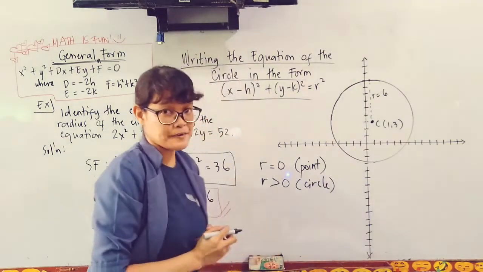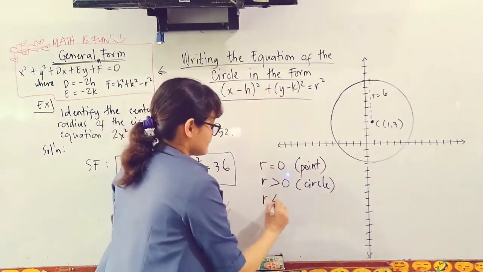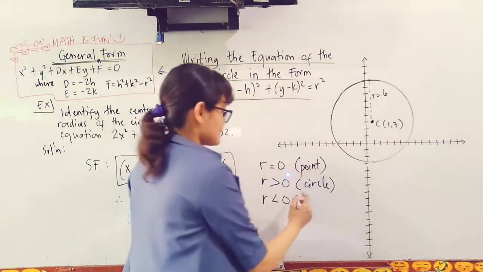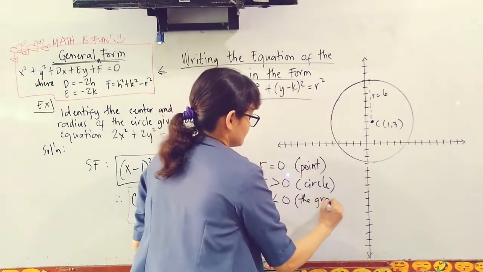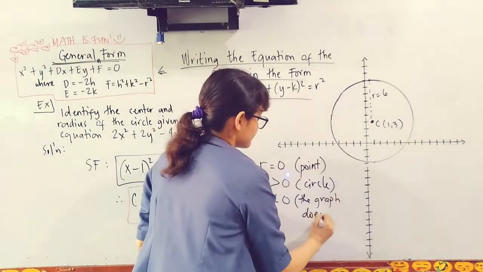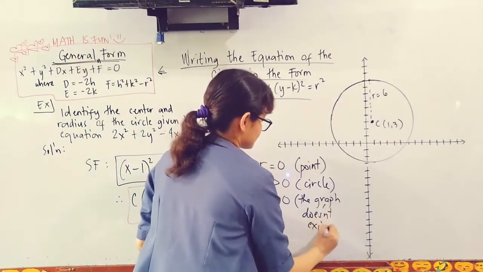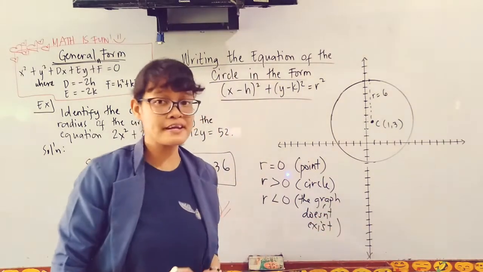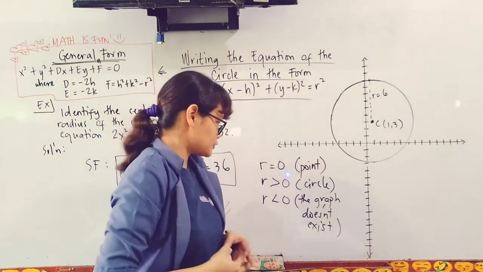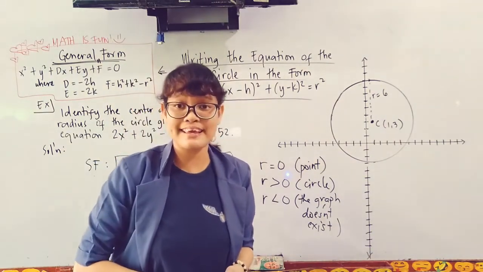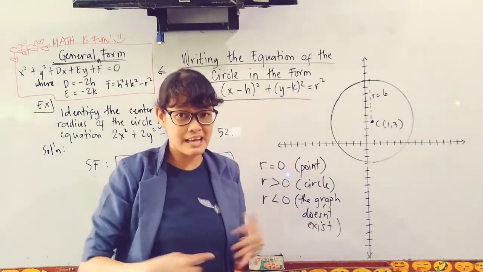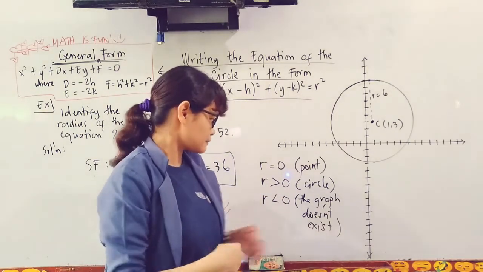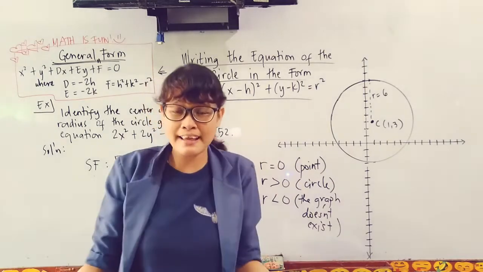Okay? However, if your R is less than 0, then the graph doesn't exist. Okay? So this is the very reason why, for your radius, we always reject the negative na value ng square root ng number na kinukuha natin. Kasi nga, walang negative na distance.